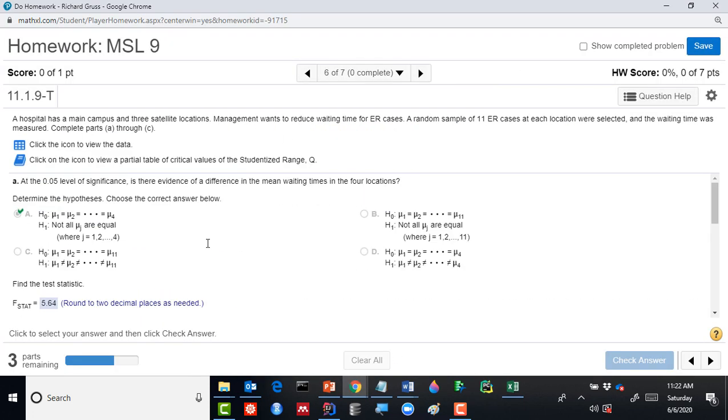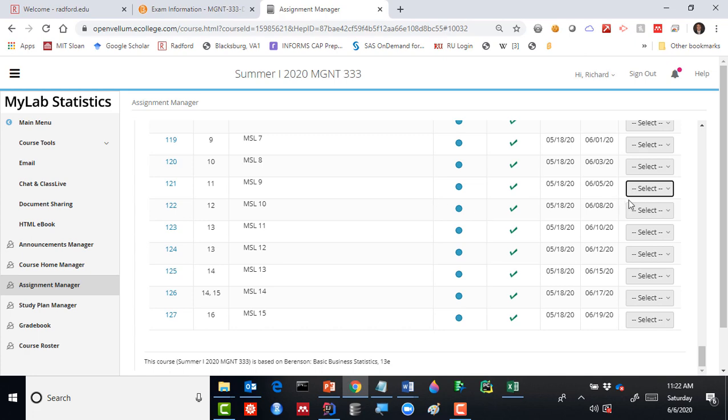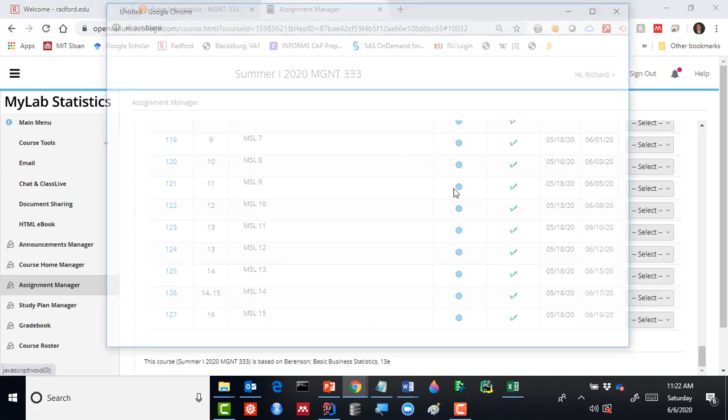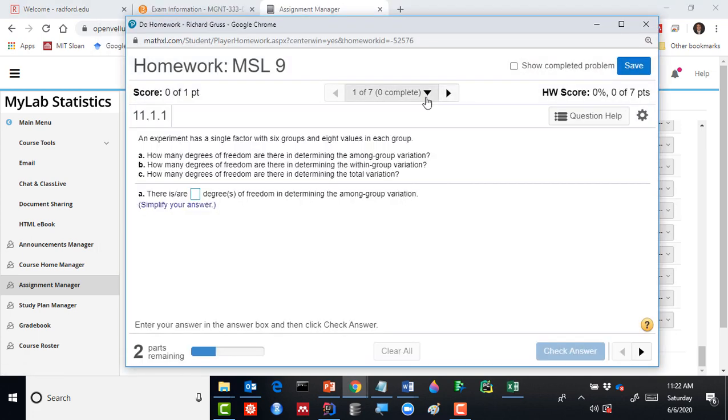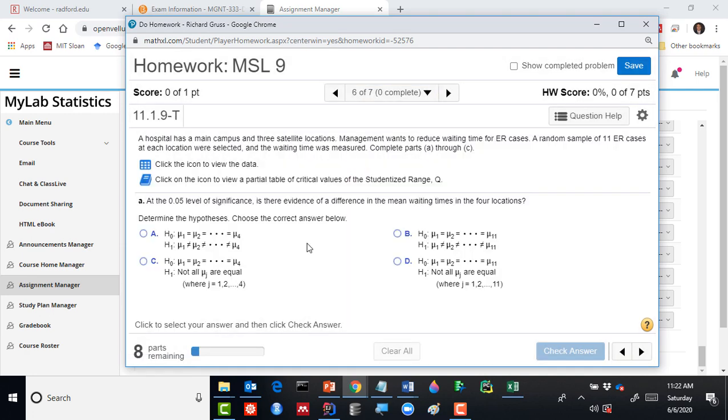Okay, so let me go ahead and get a new version of problem number 6. A hospital has a main campus and 3 satellite locations, and we want to determine if there's a significant difference in the waiting times among these.